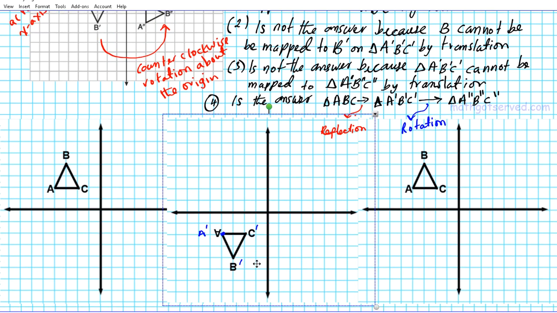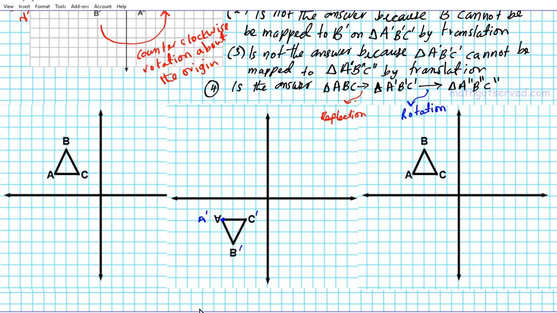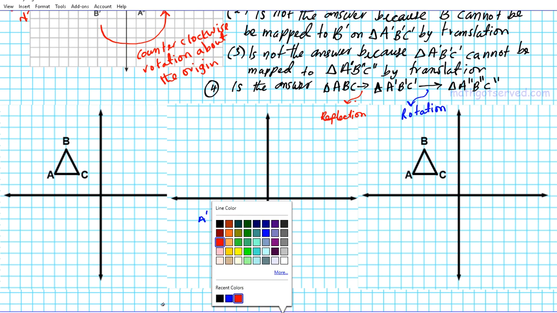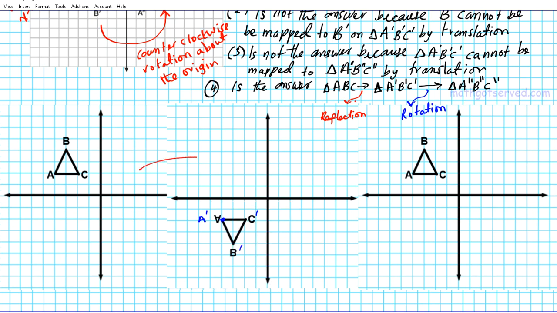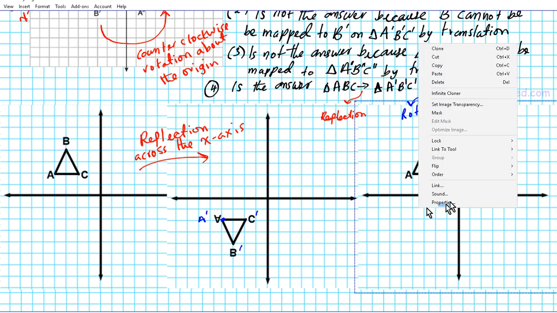Okay, so we see that the first transformation from triangle ABC to triangle A prime, B prime, C prime is a reflection, or a flip across the x-axis.